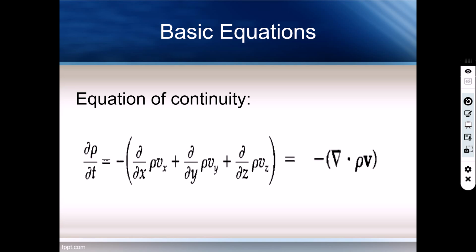After that, we will also ask you how to rewrite the equation of continuity in this capital D form, which is this one. And then you should get your points right. I already gave you the question.